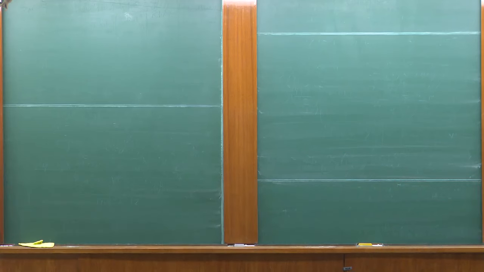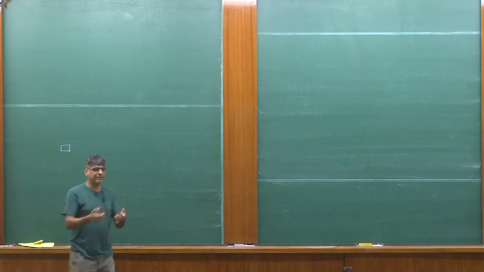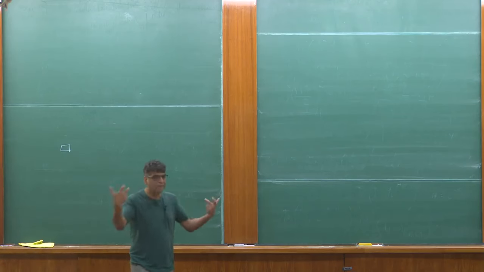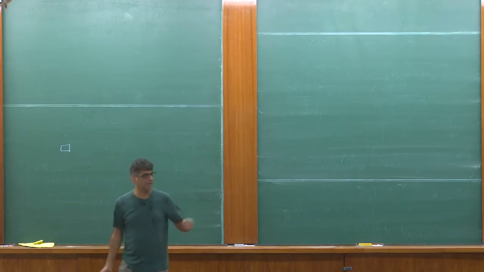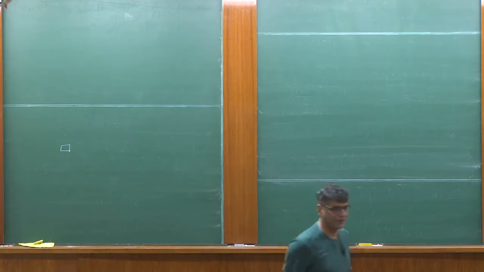Every representation of SU(N) can be formed by tensor producting fundamentals. This is not true of SO(N) because there are spinor representations, but let's forget that. That's not the main point.